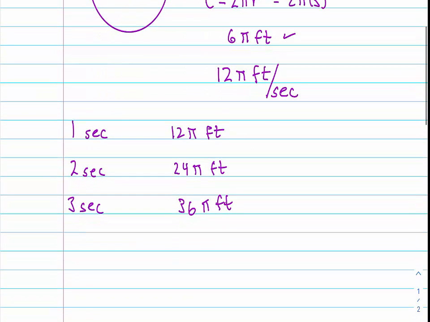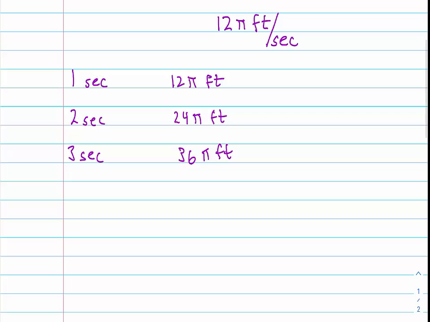Now, the question might be asked, how long will it take for this tire to roll a mile? Well, remember, 1 mile is 5,280 feet. So how many seconds is it going to take to get that far? Well, that's pretty easy to solve.